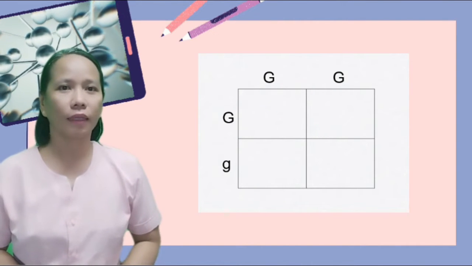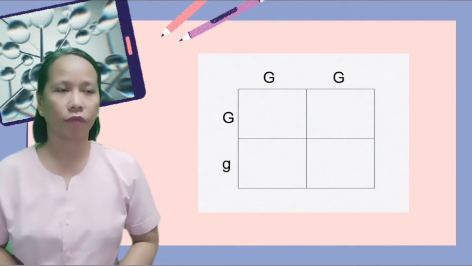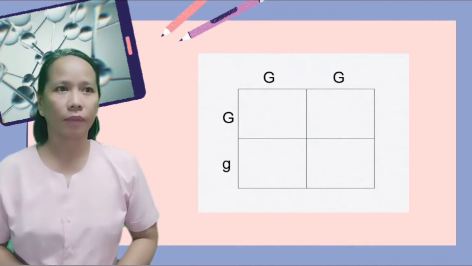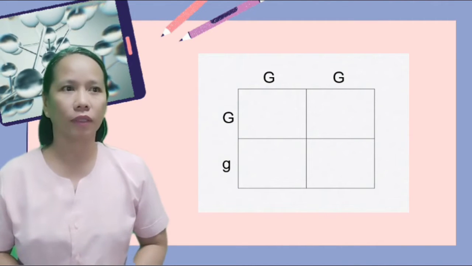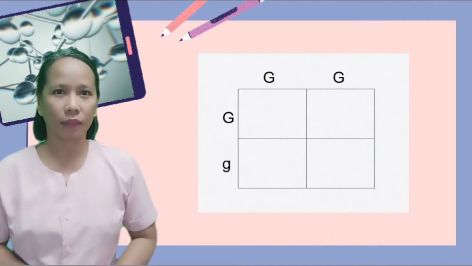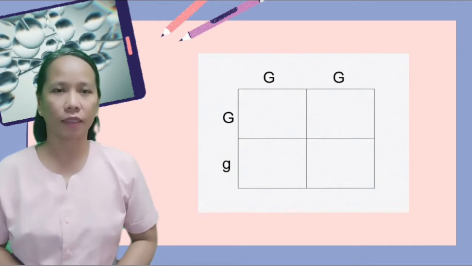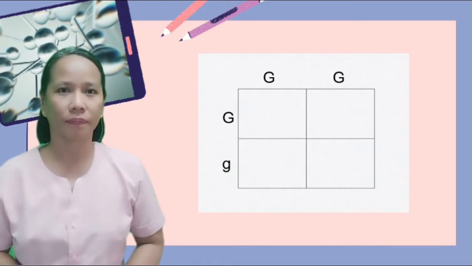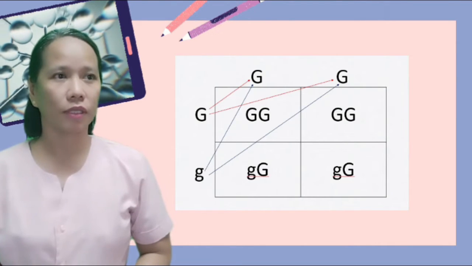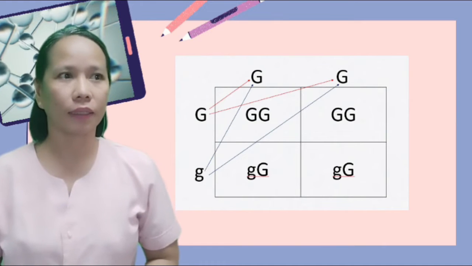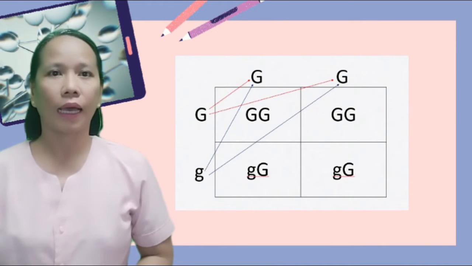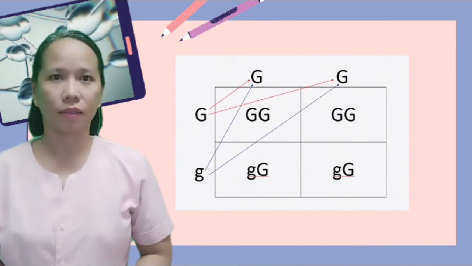Then, write the letters of the possible genes for a trait. The female genes are written down on the left side and the male genes are written across the top of the square. Then, start crossing the female gametes with the male gametes in each box until all the boxes are filled.